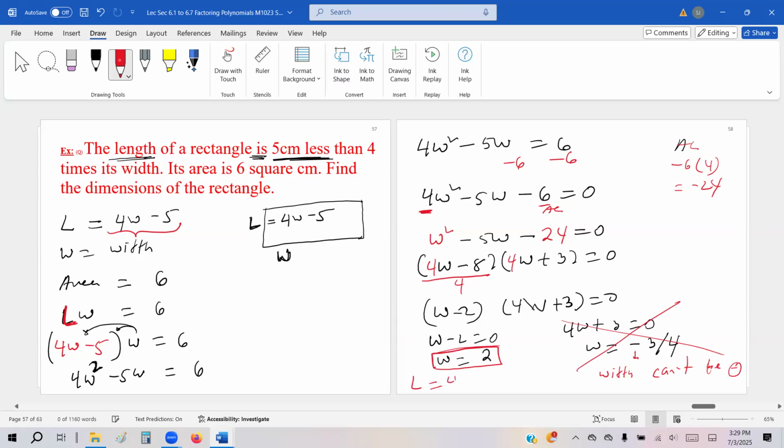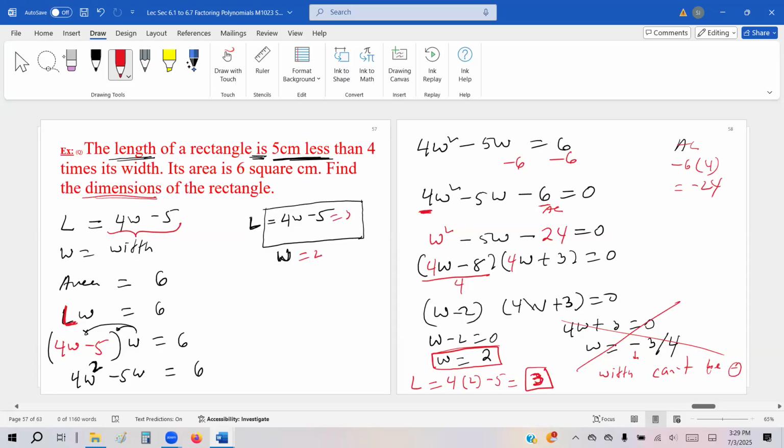Length is 4 times the width minus 5. So 8 minus 5, which is 3. And this is what they're looking for: dimension means length and width. So this is 2 by 3. This is 2, and this is 3.